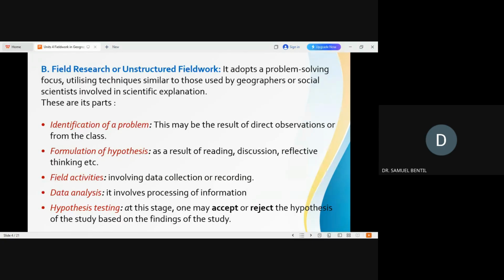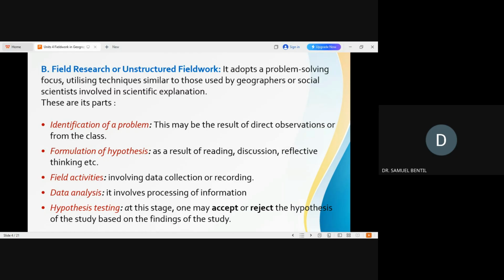So here, researchers or learners are made to first identify a problem, and this problem can be identified through personal observation, or it can be provided by the teacher as well. The teacher can present the scaffolding or the structured problem for the student to investigate, or from the student's own observations, they can also identify a problem.